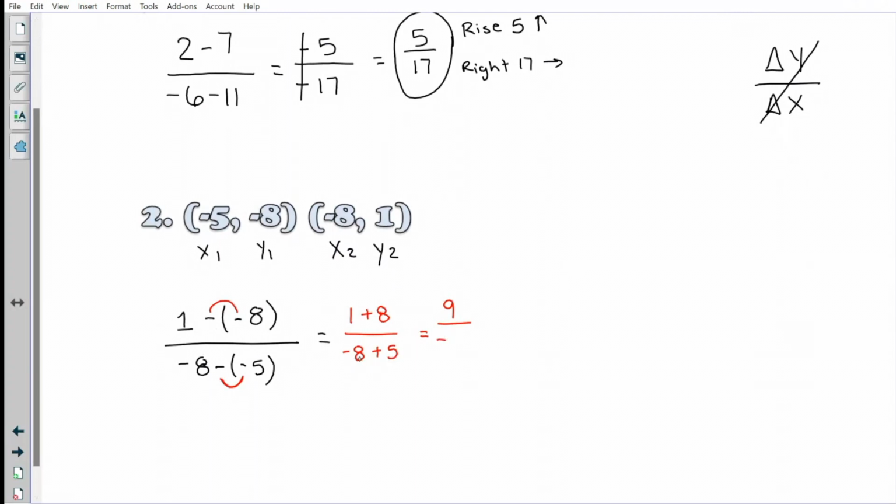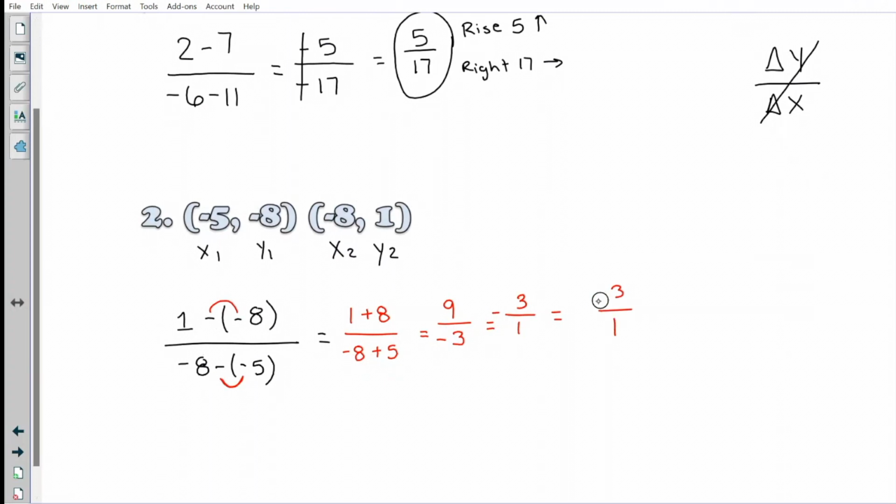And then we find the difference from 5 to 8, which is 3. Now this can be simplified. What number goes into 3 and 9? That would be 3. 3 goes into 9 3 times, and 3 goes into 3 once. Now because we have a negative, it stays negative. Now that means your slope is -3 over 1.